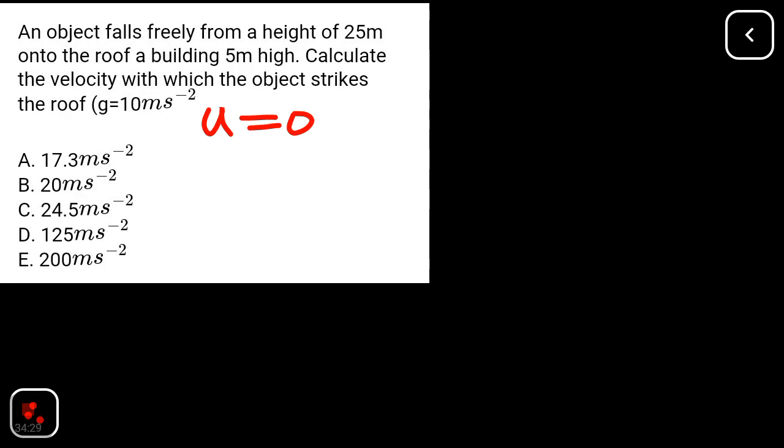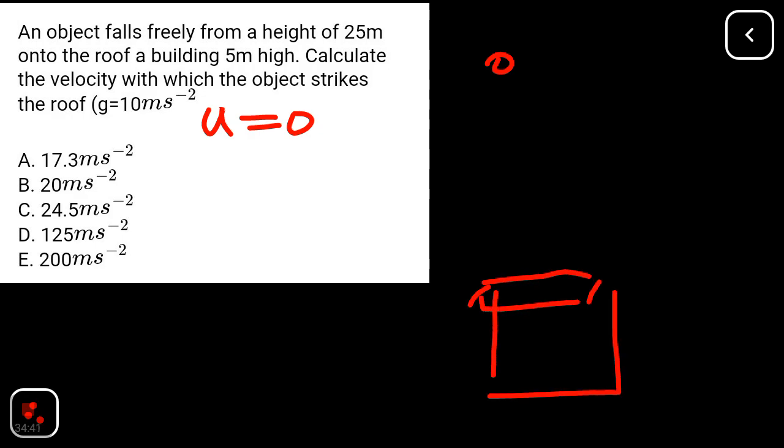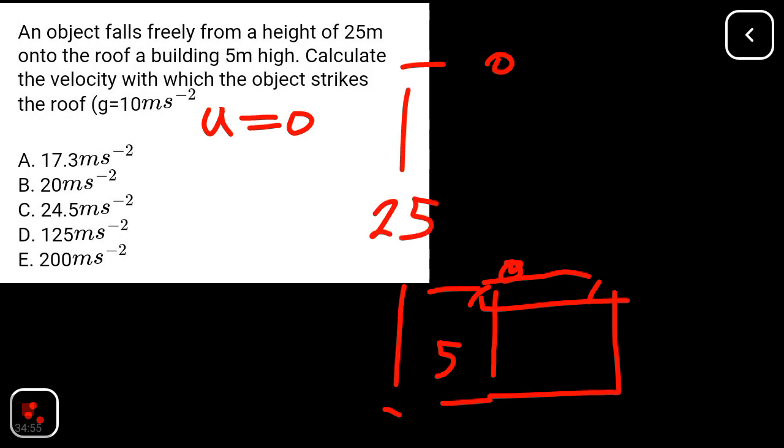So this thing is falling from here and it falls to the roof of this house, and the roof of this house is actually 5 meter high, and this thing is actually 25 meter high when it's coming down.